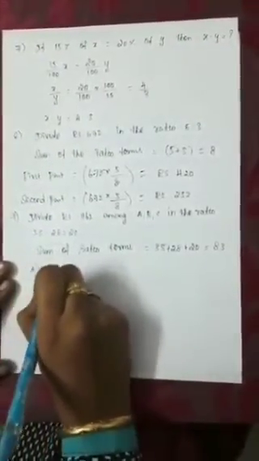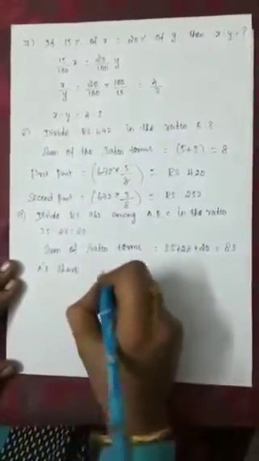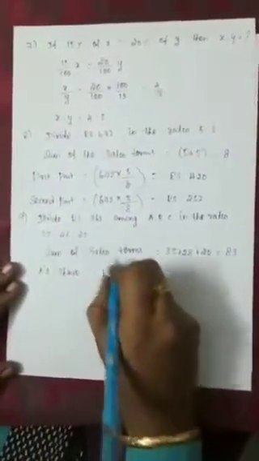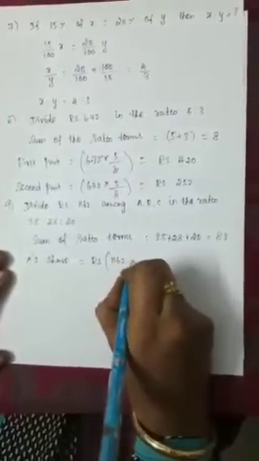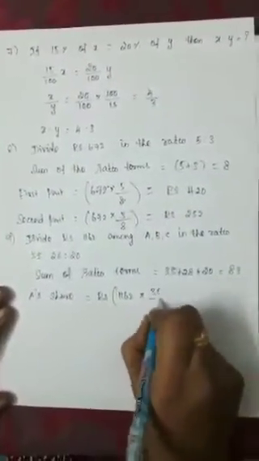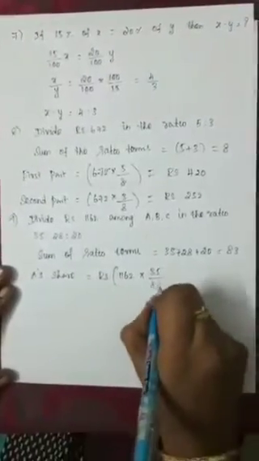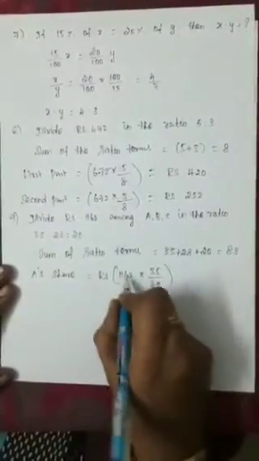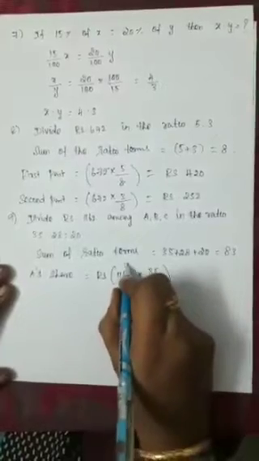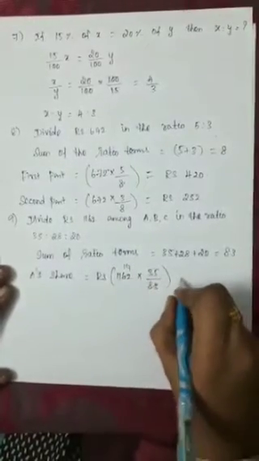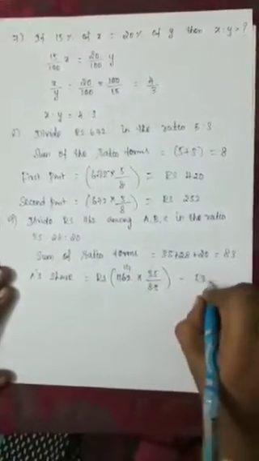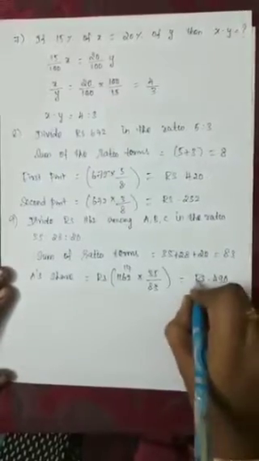First find A's share is equal to rupees total amount is 1162 into A's share is 35 by total share is 83. Cancelling this value, which is equal to 14. 14 into 35 is equal to rupees 490.